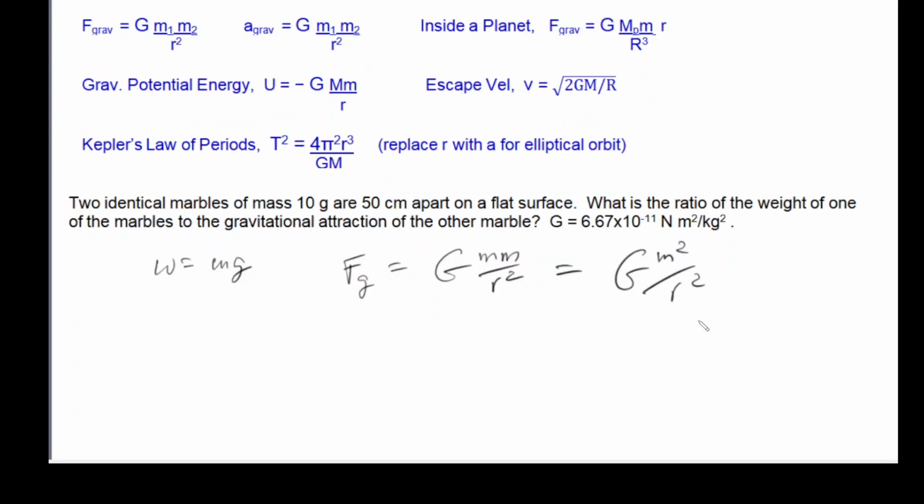So the ratio of weight to the force of gravity would be mg over G m squared over r squared, and one of the m's cancels out, so that becomes g r squared over G m.